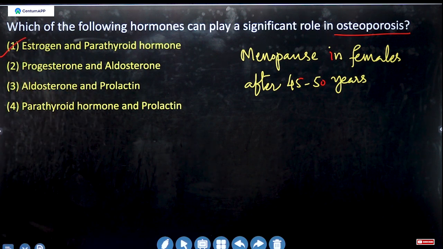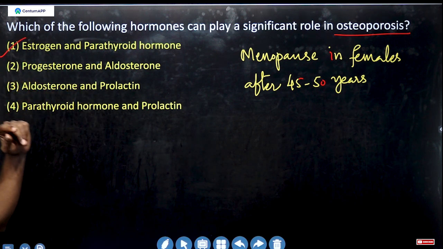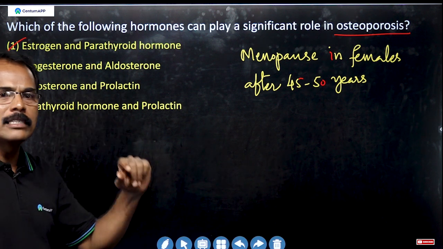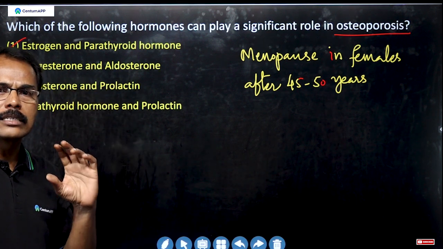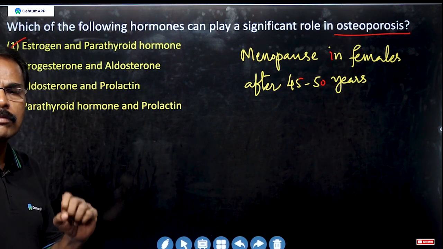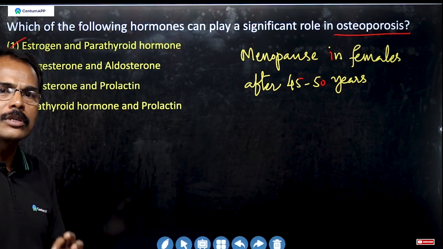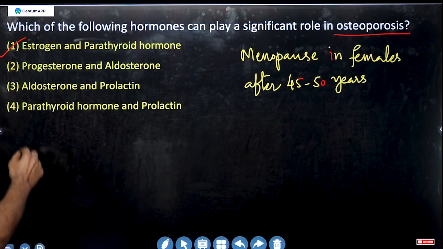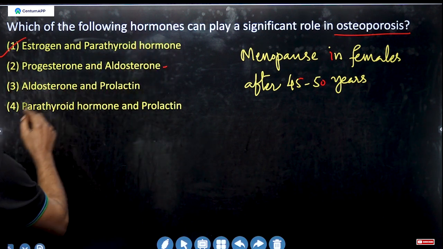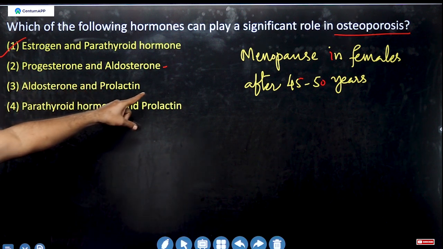What about the second one? Progesterone is a pregnancy hormone, and aldosterone is a salt absorbing hormone which is secreted from the posterior pituitary gland during metabolic activities from the kidneys. Next, aldosterone and prolactin.